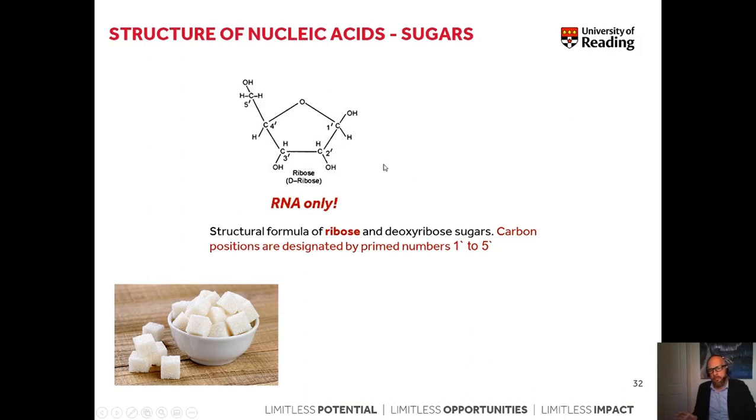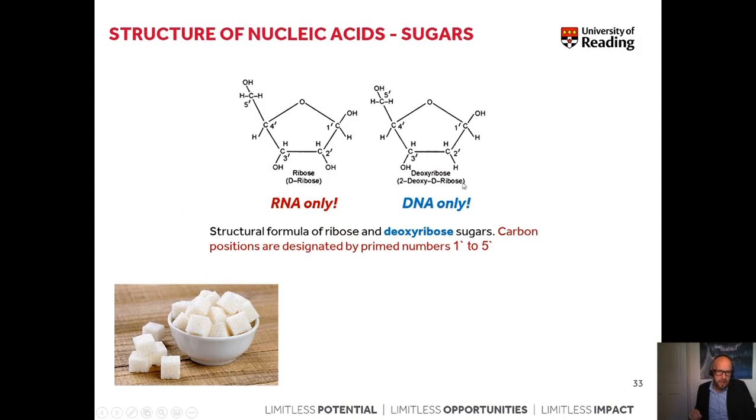As you might remember, one of the learning outcomes for this lecture is that you should be able to understand the terms 5' and 3', and those numbers are referring to the position of the carbon atoms within the sugar molecule. So the sugar in the RNA is the ribose.